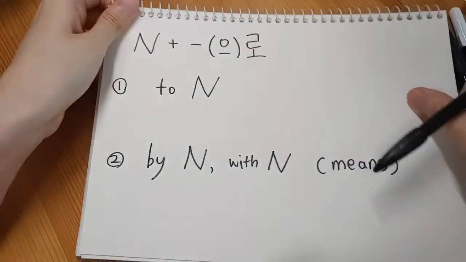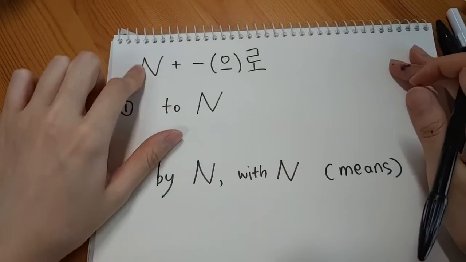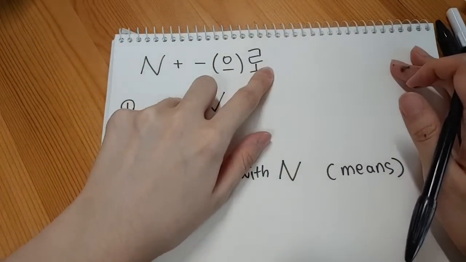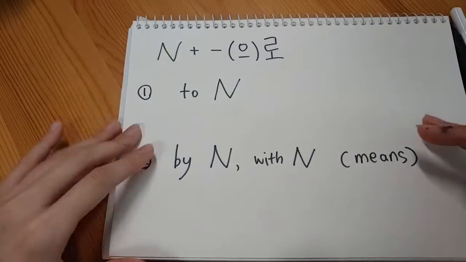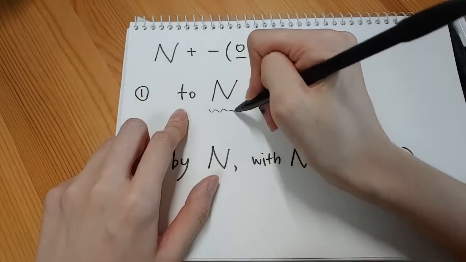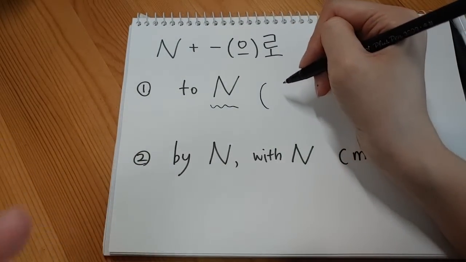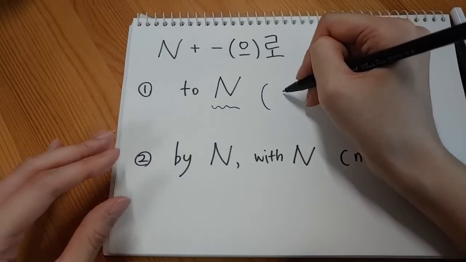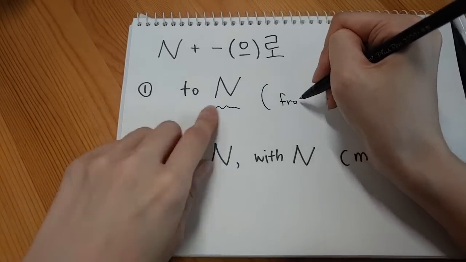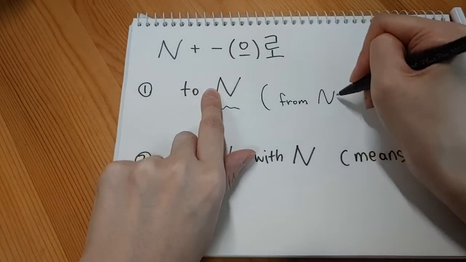So yes, we just learned that when you say noun 로 or noun 으로, it means to a certain place, right? The difference from 에 is that it indicates you're going to somewhere from somewhere else.